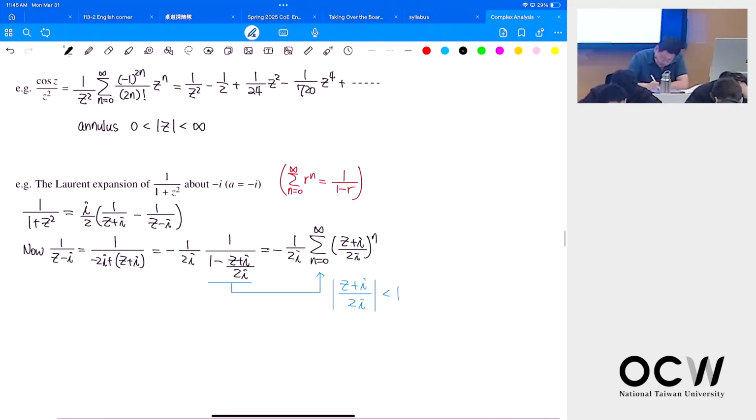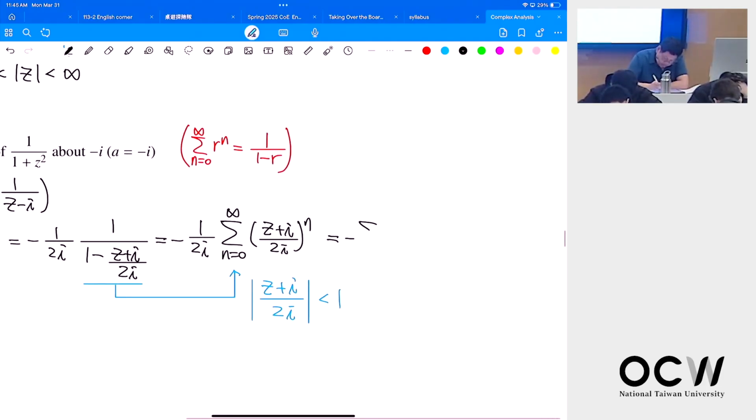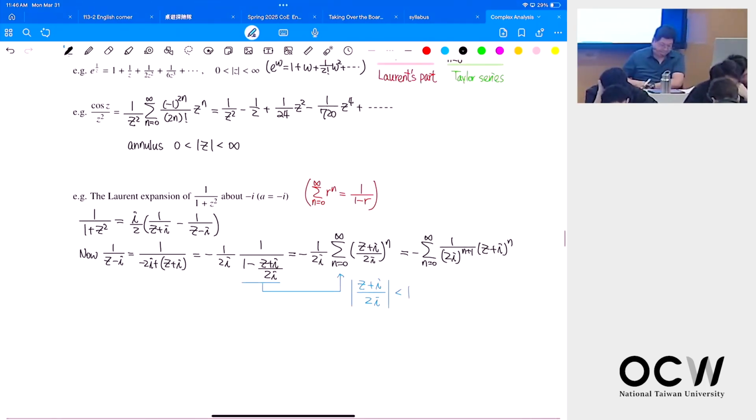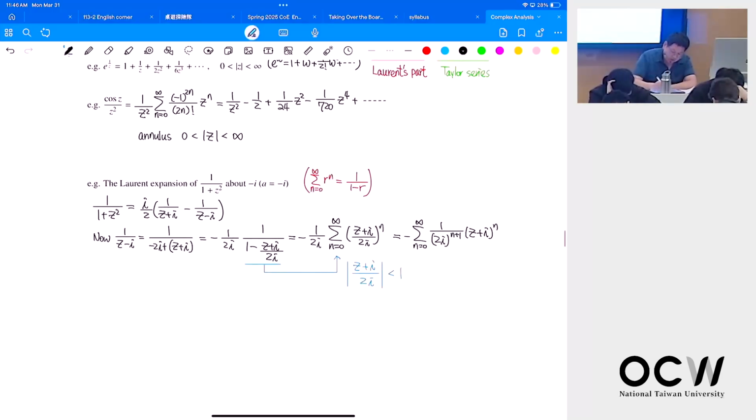Then you have minus the summation n from 0 to infinity of 1 divided by 2I to the n plus 1, times z plus I to the n. So this is our second part.